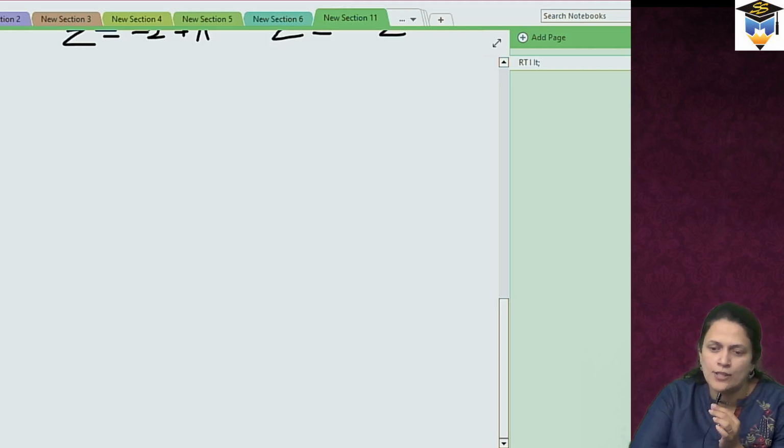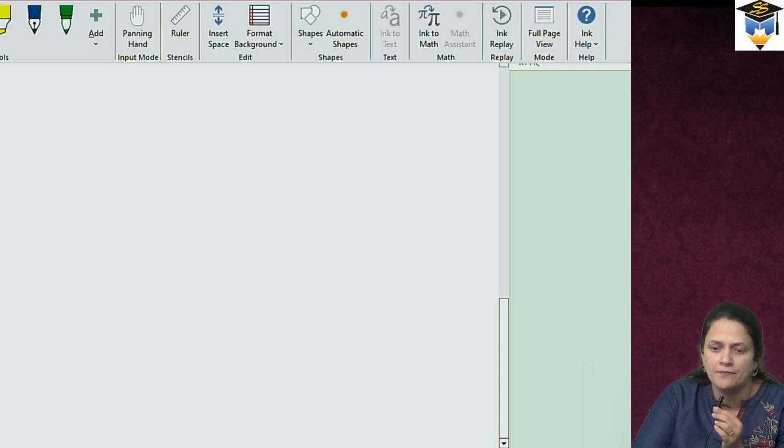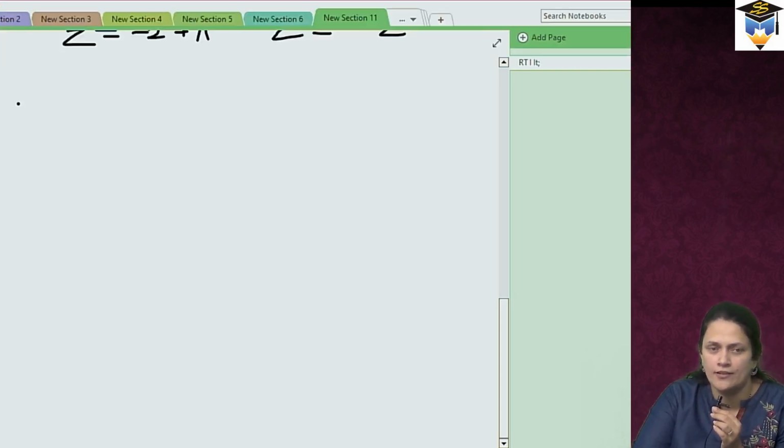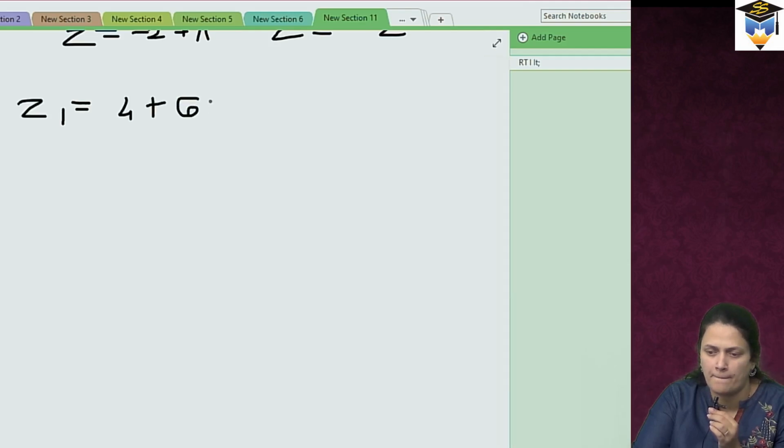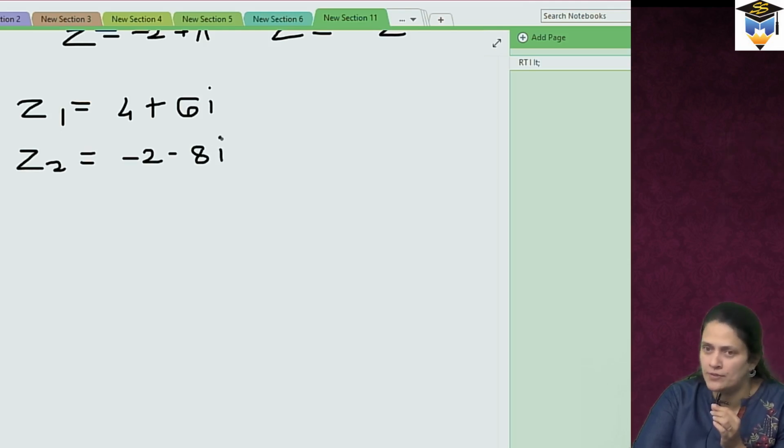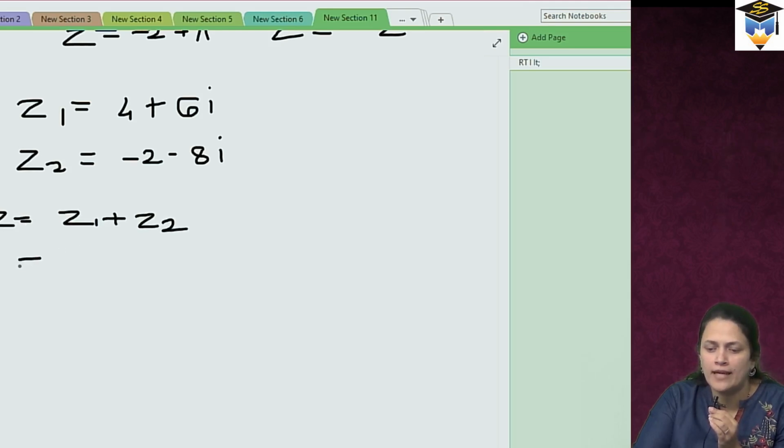So now if we want to add or subtract a complex number, suppose there is one complex number z1 equal to 4 plus 6i, and z2 is minus 2 minus 8i. If I want to add these two numbers, z1 plus z2, always you will be adding the real parts.